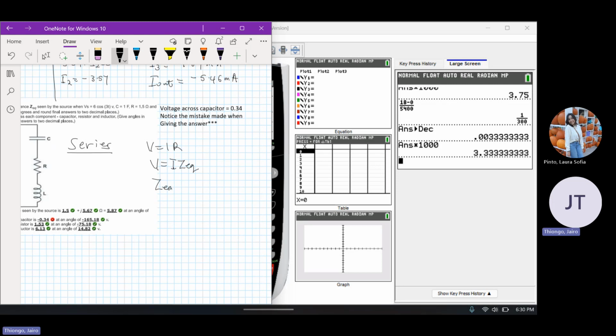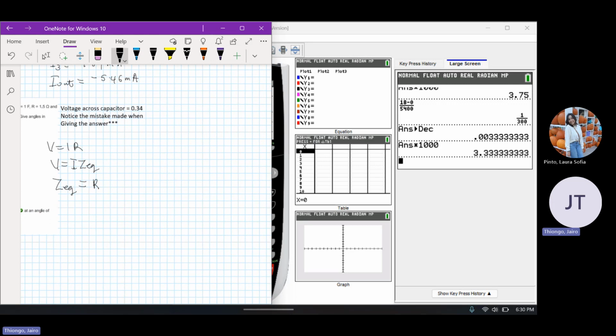We have to calculate Z equivalent. Z equivalent for components connected in series will be the resistor value plus 1 over JWC plus JWL. This is for the inductor. This is for the capacitor. And this is for the resistor.